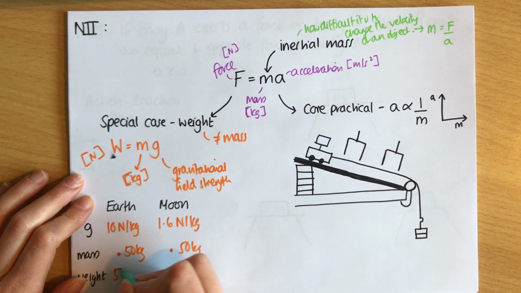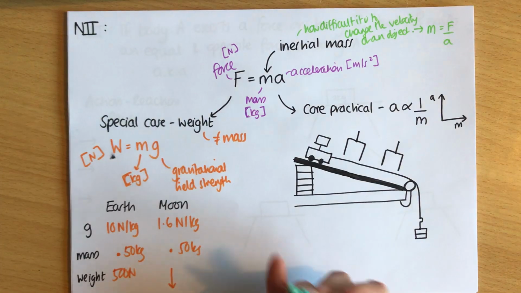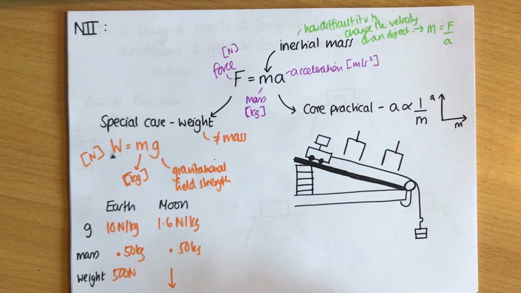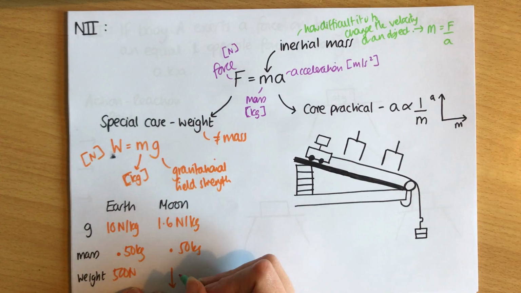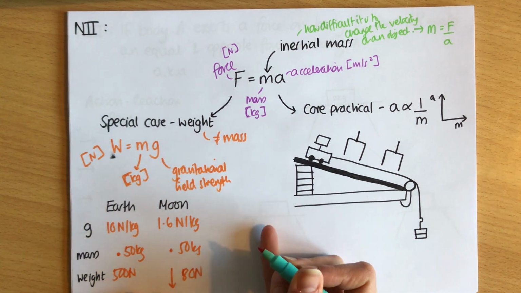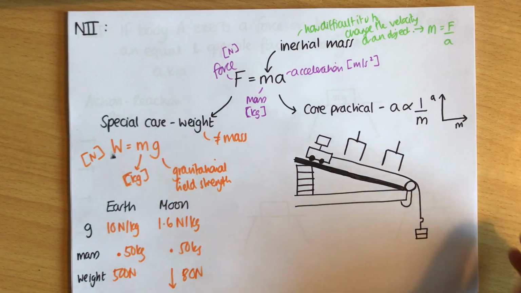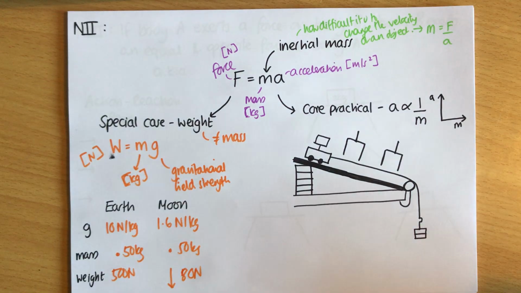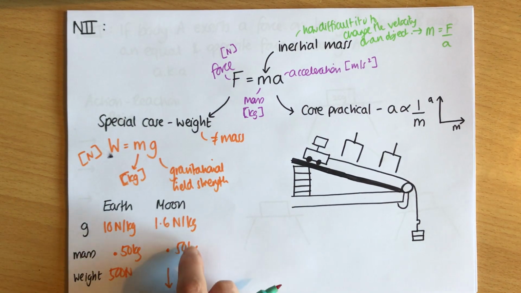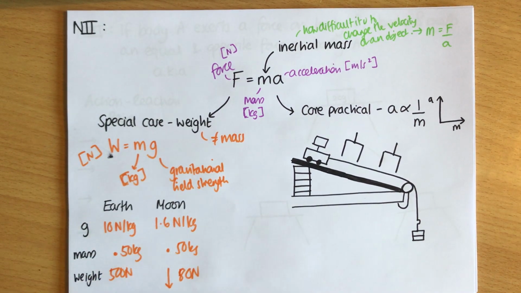On Earth, the weight would be 500 newtons, but on the moon, I've stupidly done this without thinking what the actual answer is, it would be 50 plus 30, 80, I think, 80 newtons. Please don't comment if you think I've got that wrong, just work it out for yourself. So your weight will decrease if you go to the moon, even though your mass does not change.